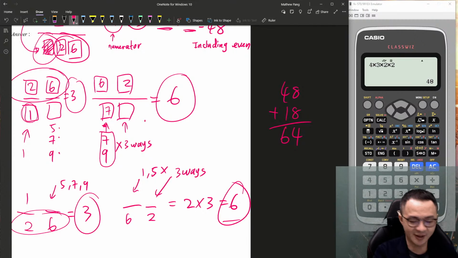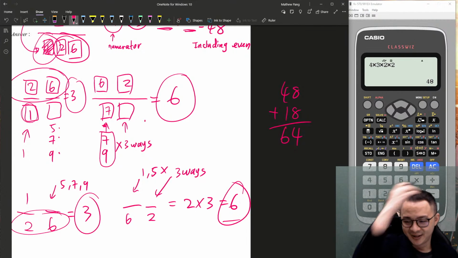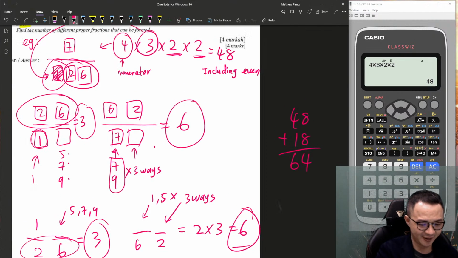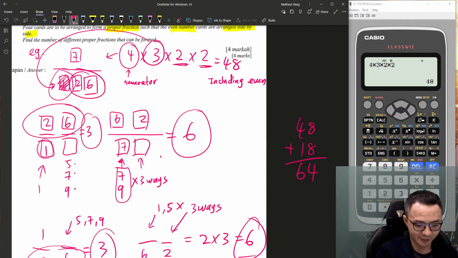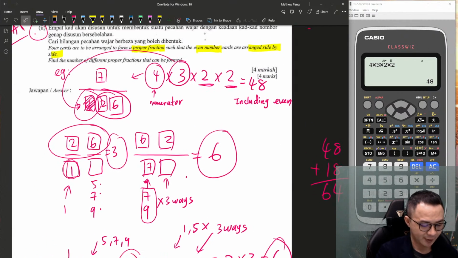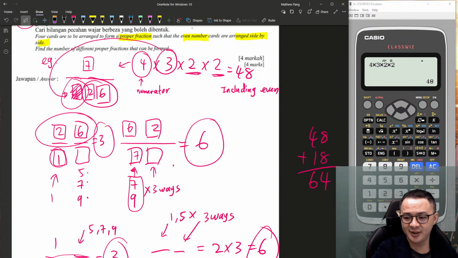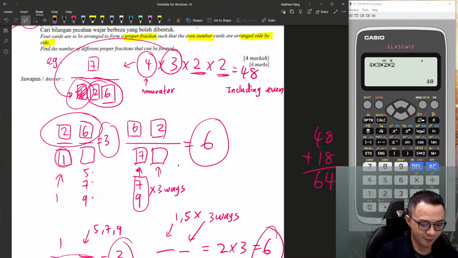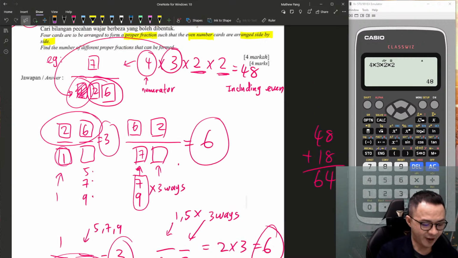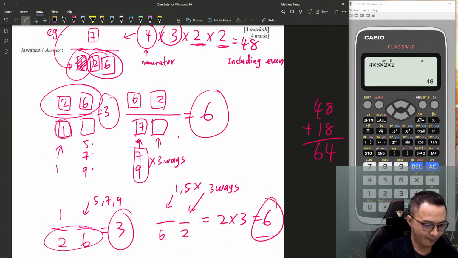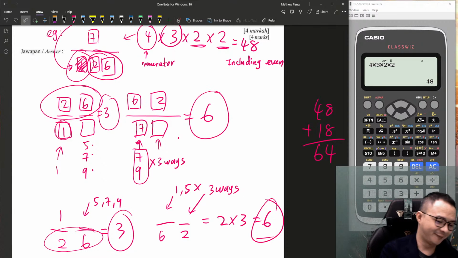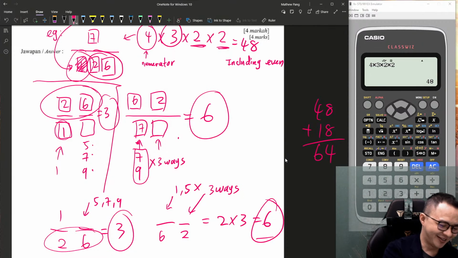Still have something missing. I remember the answer is 72. Any other number I'm missing here? 1, 5, 1, 7, 1, 9. This one is wrong. What am I doing? This one is wrong.